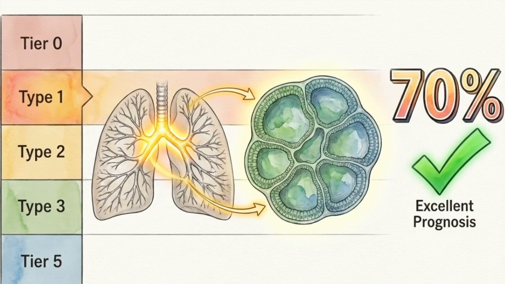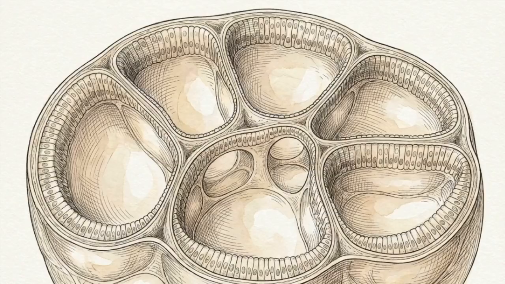Arrest occurring slightly lower in the bronchi results in Type 1. This is the dominant presentation, accounting for nearly 70% of all CPAM cases. The defining histology of Type 1 features multiloculated cysts lined entirely by pseudostratified columnar epithelium.